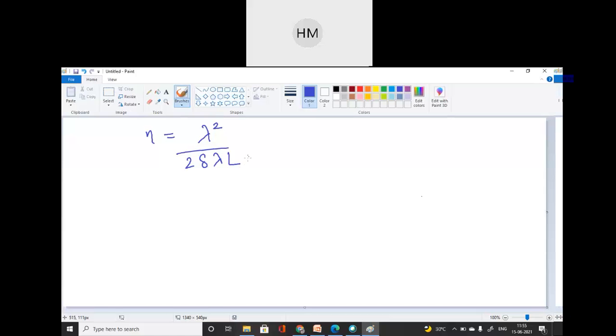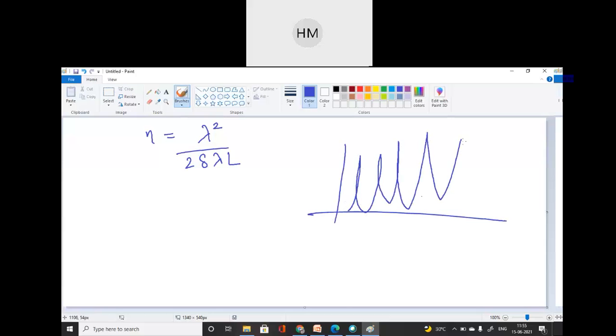And mode spacing: we have seen the resonator properties, that it will resonate. It will give you many fundamental modes while the light travels, and different fundamental modes will be generated at different wavelengths.